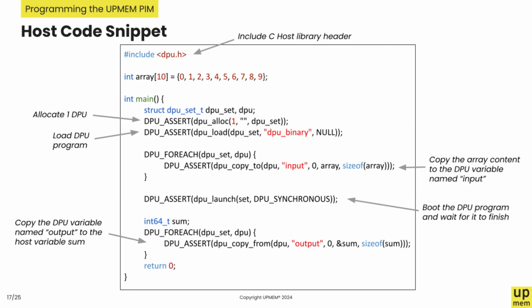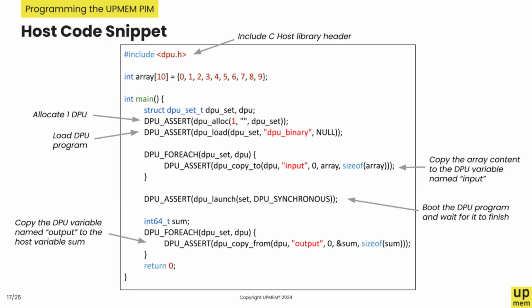So anyway, about this example, typically what you're going to do first is allocate some DPUs to your program. You're going to load a DPU binary by giving it its name as a string. And then, in this loop, we are going to prepare a transfer where we're going to write from our data on the host into the input array on the DPU.